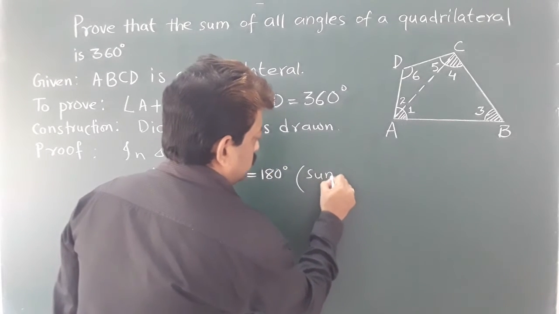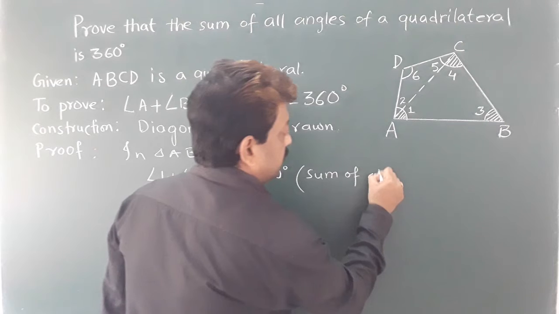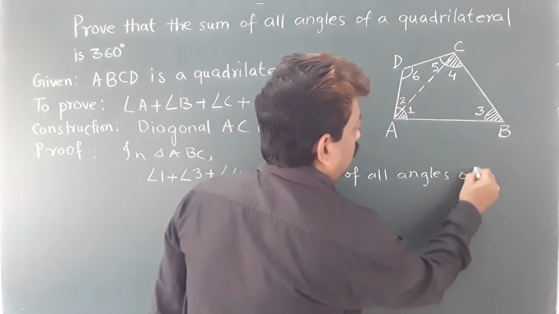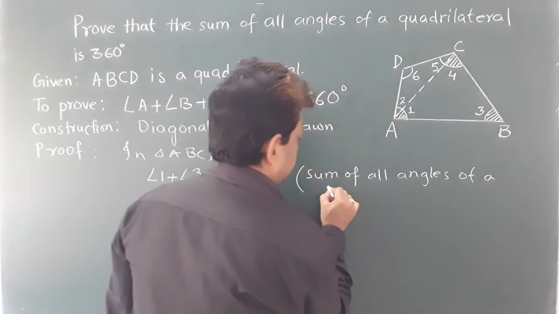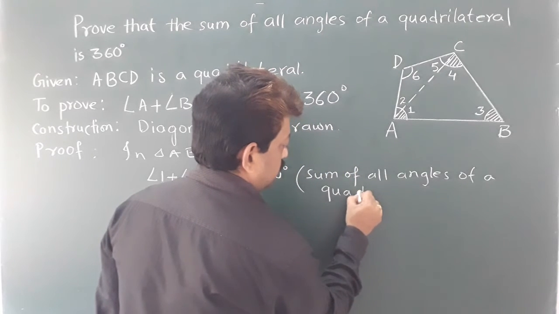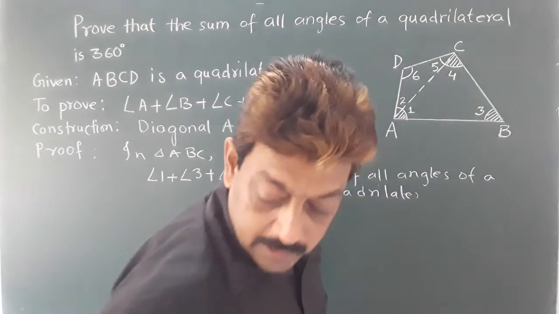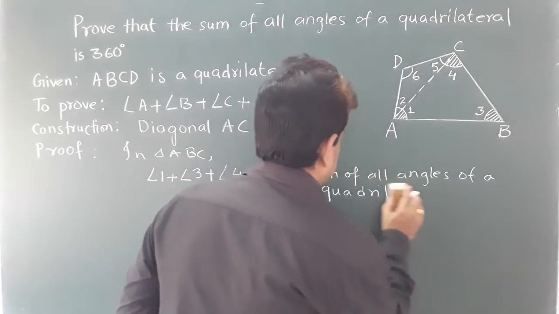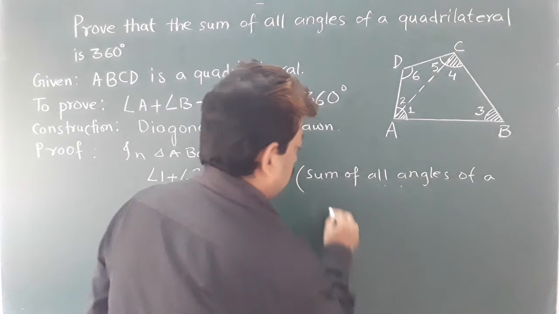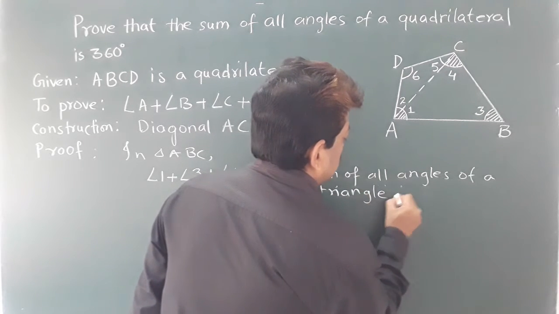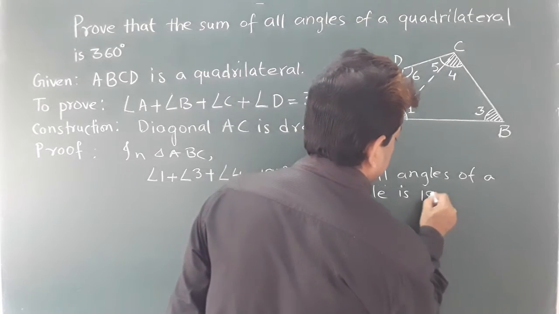Sum of all angles of a triangle is 180 degrees.